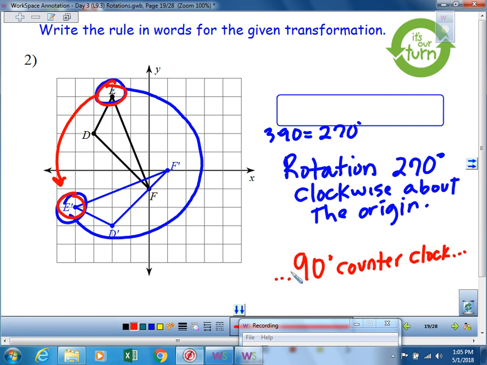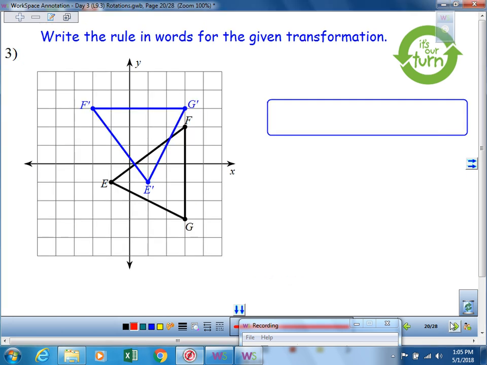I wouldn't put both. But either one is fine. Okay, I want you to try this one. And remember, your rule in words always starts with the transformation name.